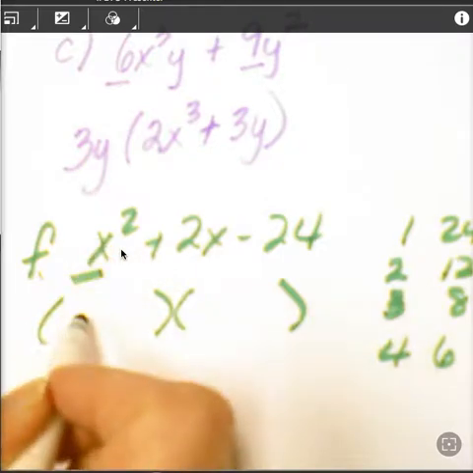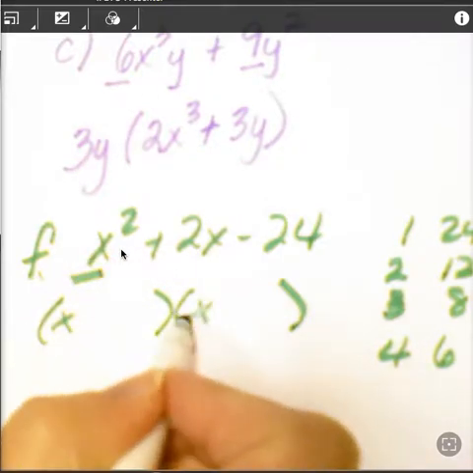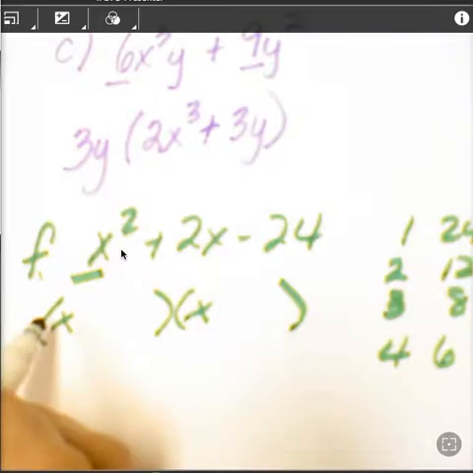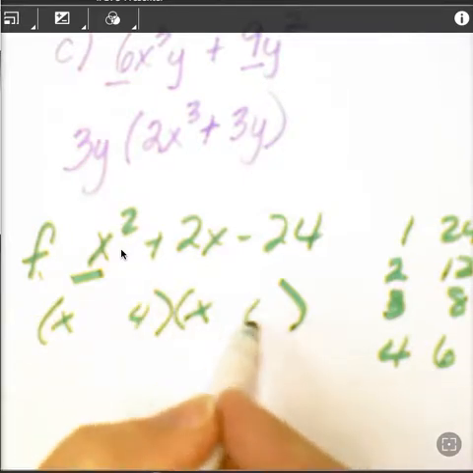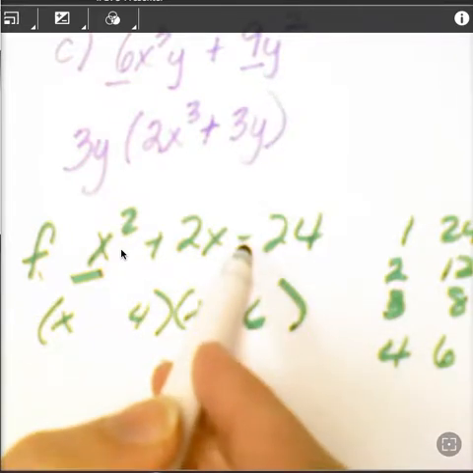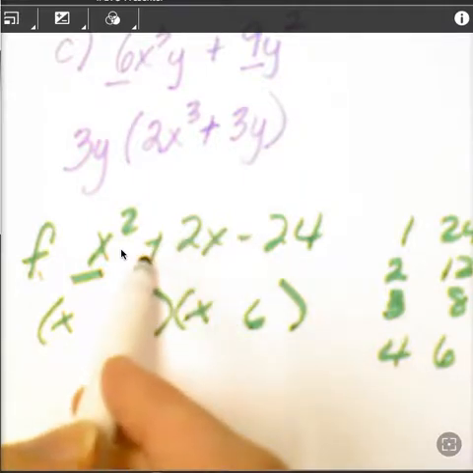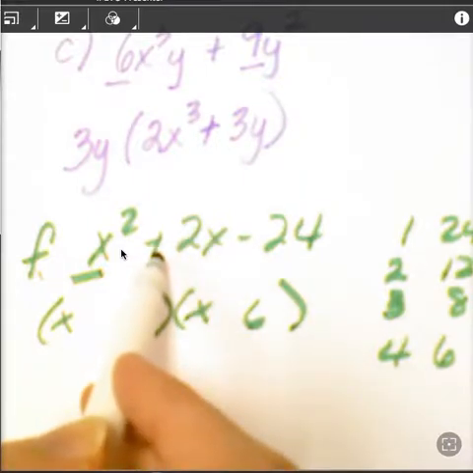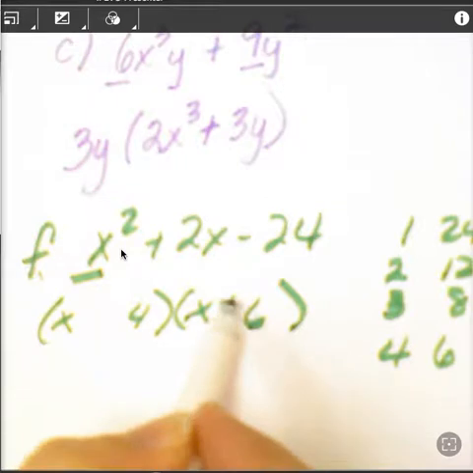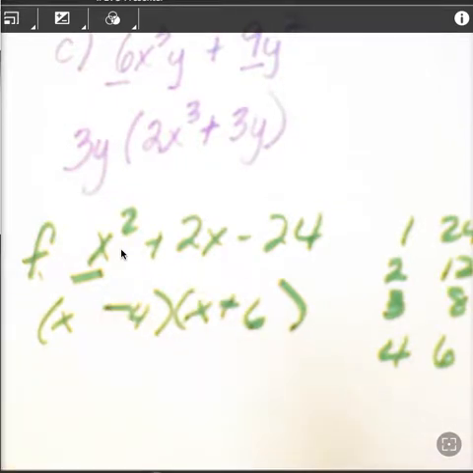Factors of my first term go here, the first. Factors of my last term, which we said were going to be 4 and 6. This sign, because it's subtraction, tells me my operations are different. This one says that the larger one is plus. So this is plus and this is minus. Because there's not an equal sign, that's as far as I can go. And that's my answer.